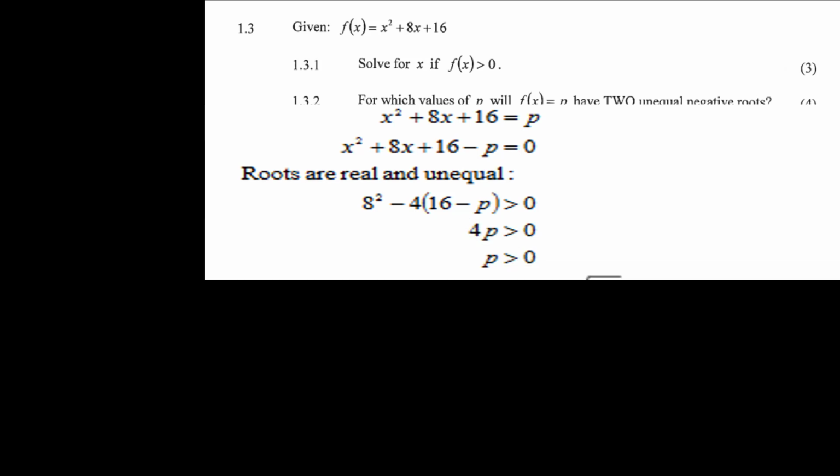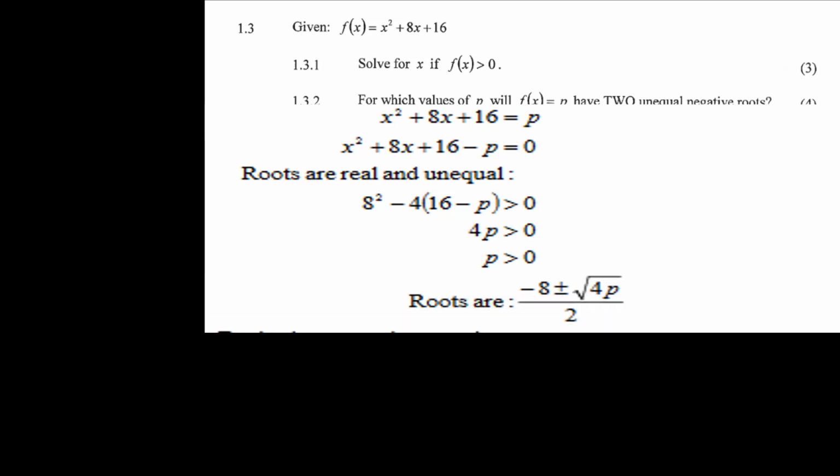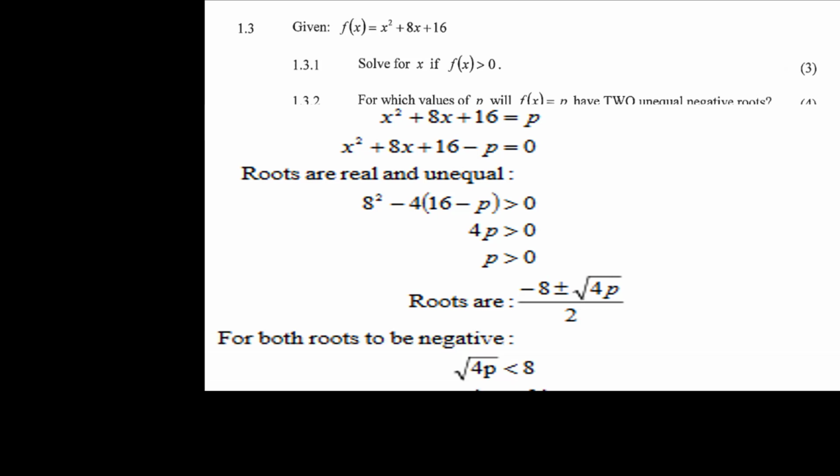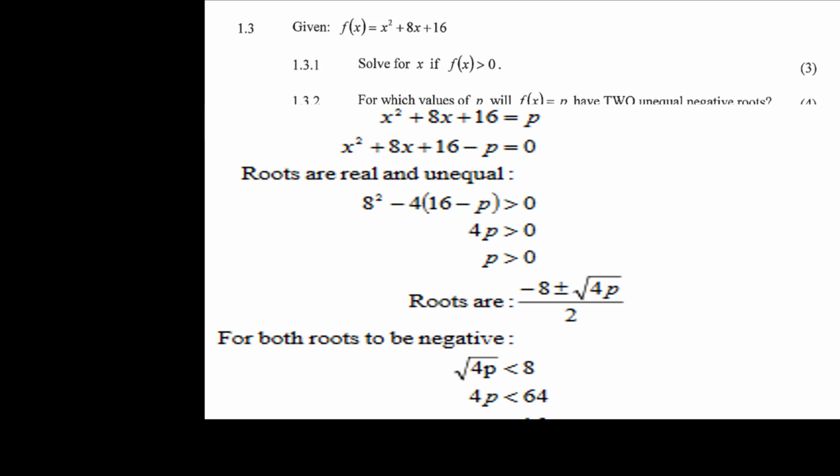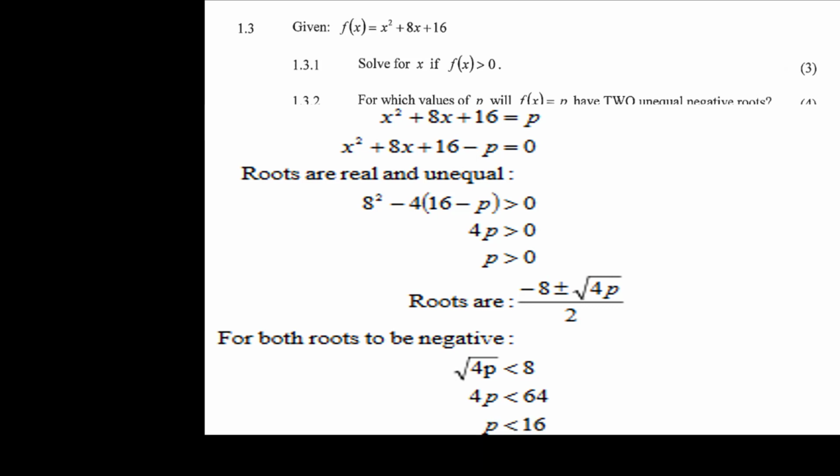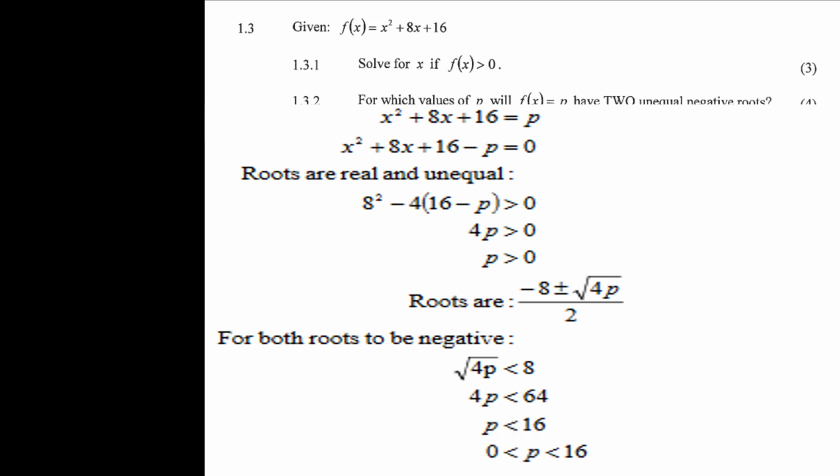This is for real unequal roots. Therefore 4p is greater than 0, therefore p is greater than 0. The roots then are minus b, or minus 8, plus or minus the square root of 4p. For both roots to be negative, we need the square root of 4p to be less than 8, or p less than 16. So 0 less than p less than 16.